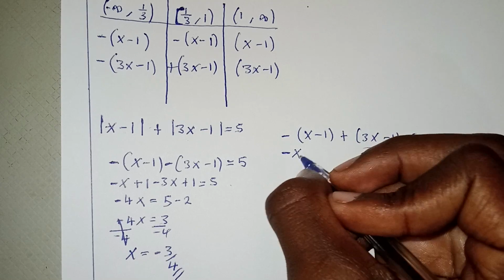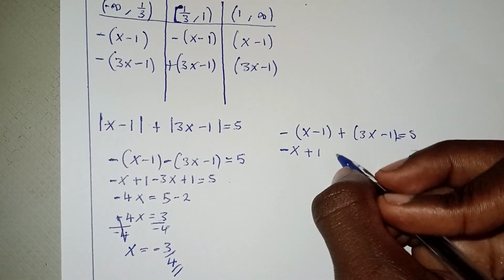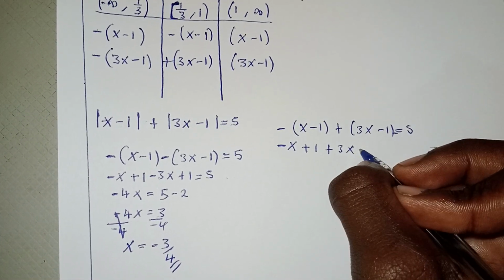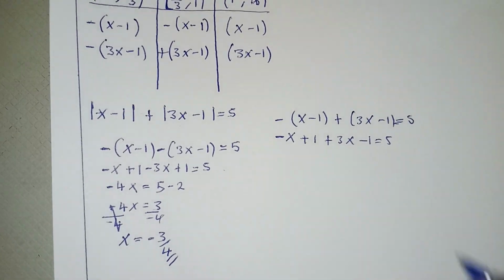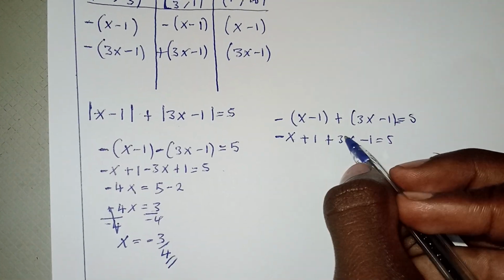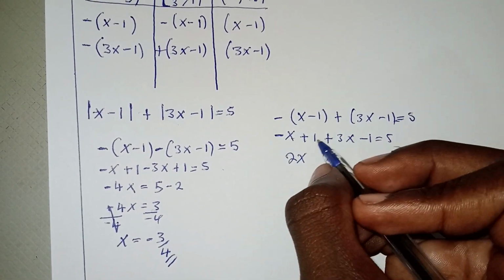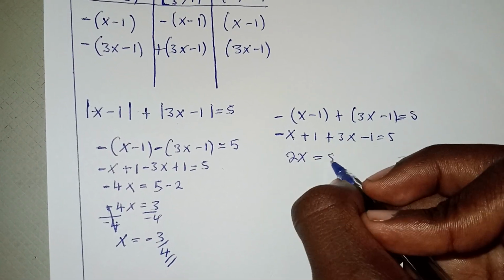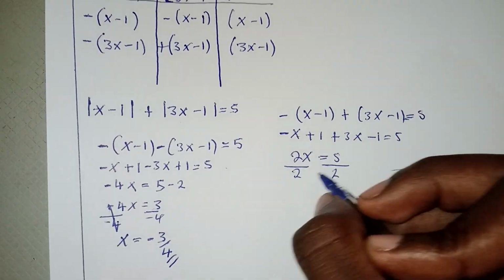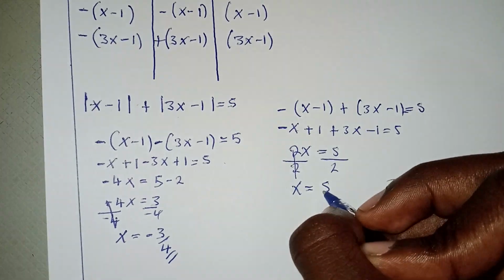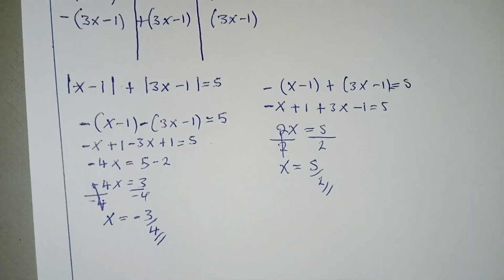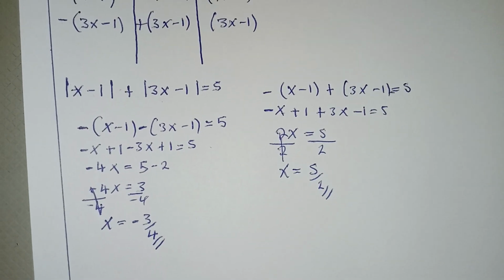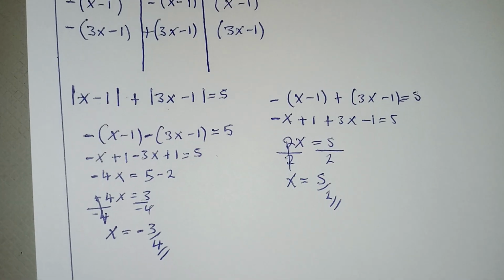So this is going to be negative x plus 1 plus 3x minus 1 equals 5. Then this plus this is positive 2x, this minus this is 0, so it's 5 over 2, and we get x equal to 5 over 2, like this. We test the other one.